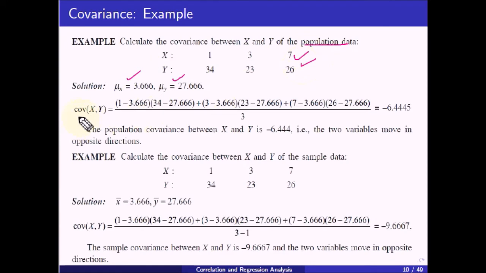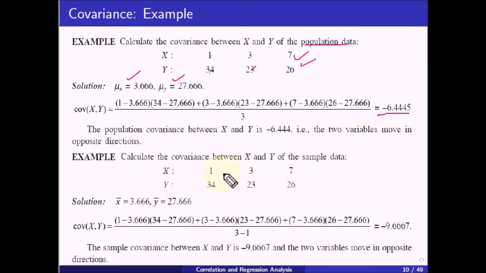After that we calculate the covariance: x1 minus mean into y1, 34, minus mean, plus x2 minus mean into y2 minus mean, plus x3 minus mean into y3 minus mean, divided by the total number of data. So the answer is minus 6.4445. The population covariance between x and y is minus 6.444. That is, the two variables move in opposite directions.